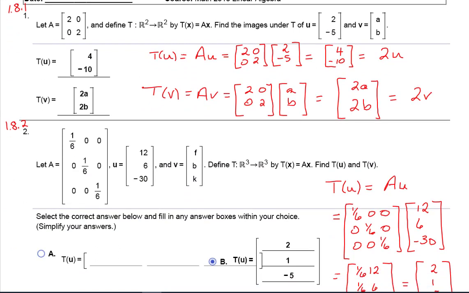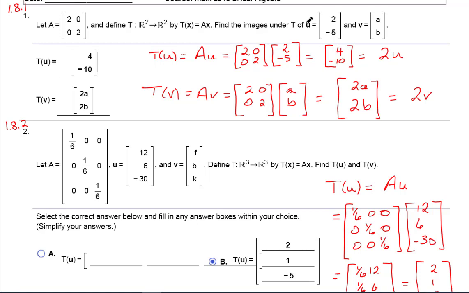All right, in question 1 here, we have matrix A, and matrix A is 2, 0, 0, 2. And we want to define the transformation from R2 into R2 by T of x is A times x.